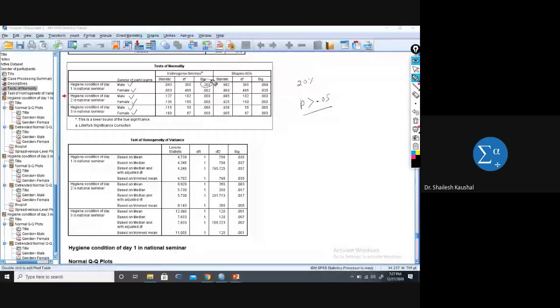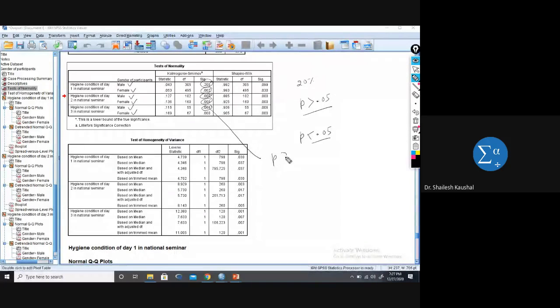Okay, so for male participants it is normal. For female, no, it is not normal, because the p value is less than 0.05. Again, it is not normal, it is not normal, it is normal. This is normal.